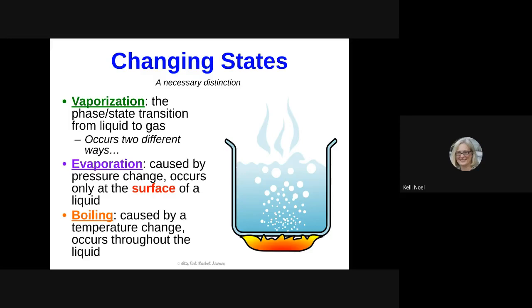So these bubbles you see within the liquid would be considered boiling, and anything that is going from the surface out is going to be evaporation.